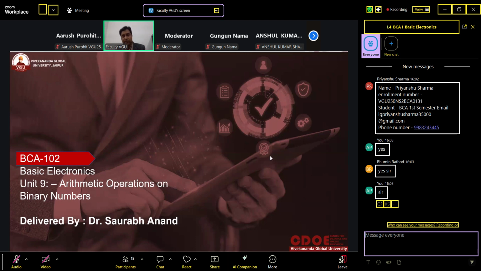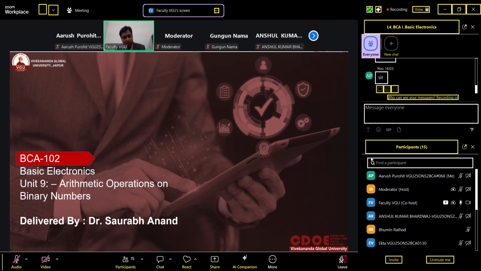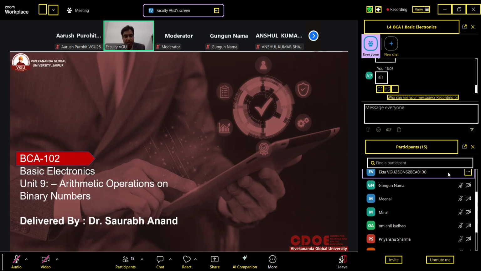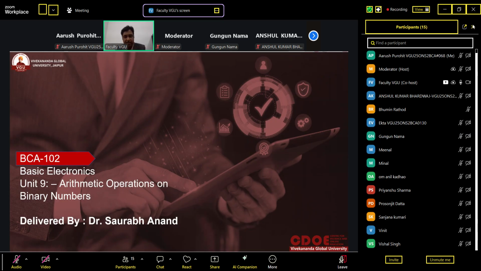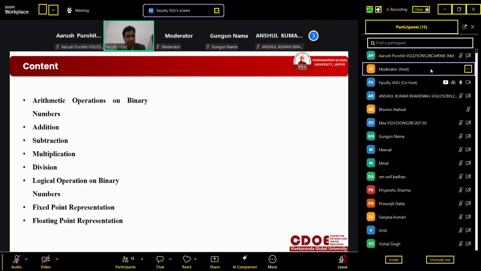So we have studied about the gates, okay? Before understanding these operations, we should have the idea of all the gates, that what is the output of AND gate, OR gate, XOR gate, right? Then after you can understand these operations very easily. So these are the common guidelines.